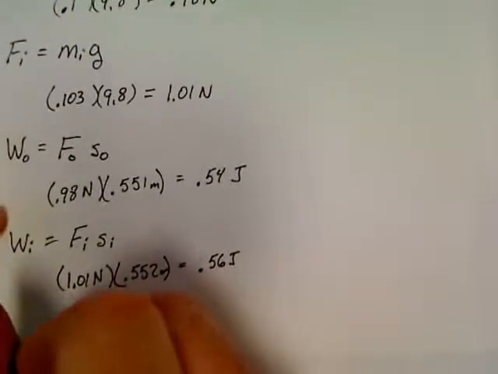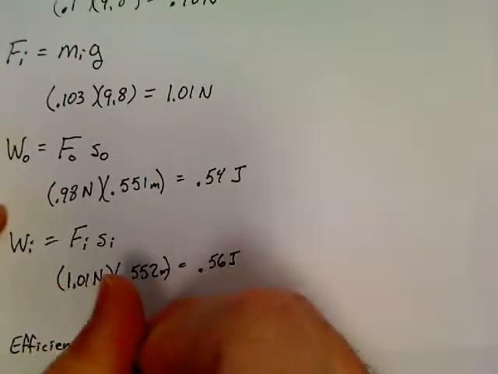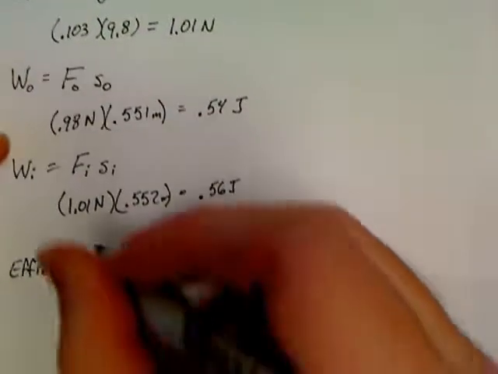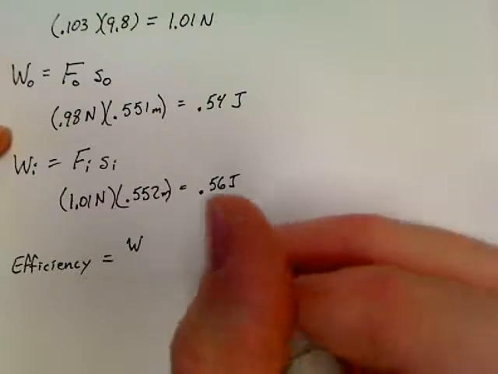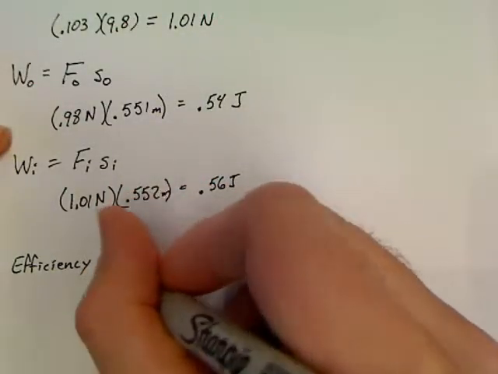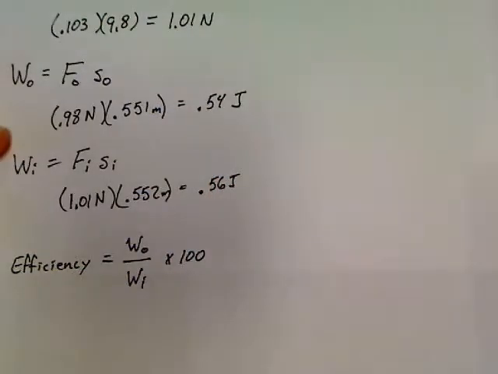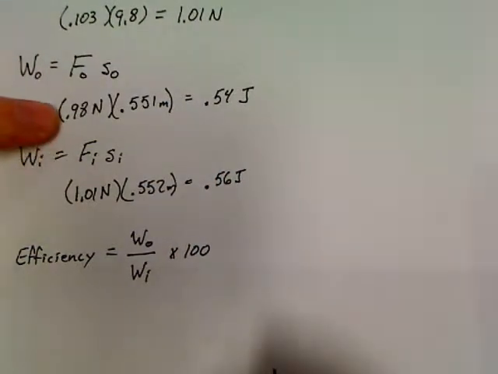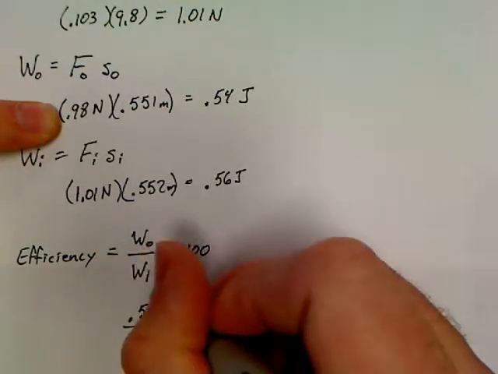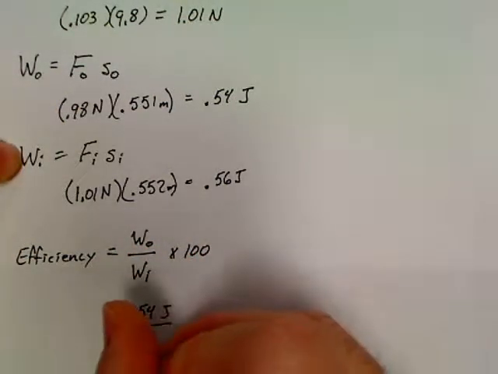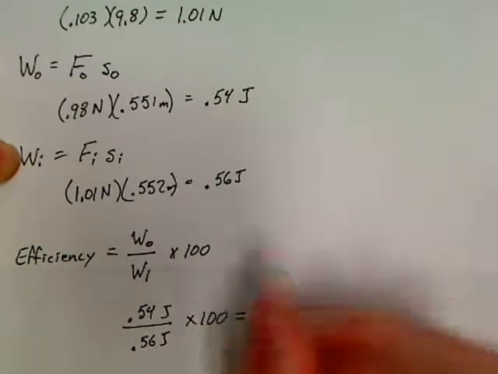Efficiency is equal to, now this is going to be a longer equation, work output divided by work input times 100. There's my equation. So work output was 0.54 over work input, which is 0.56, times 100.